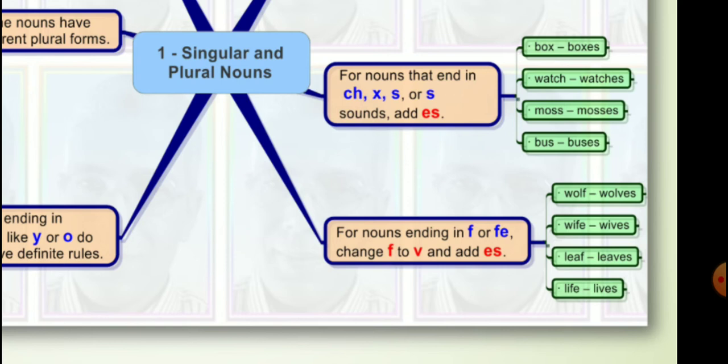So we add ves, wives. Leaf. It ends with the letter f. To make it plural, we add ves as a suffix. Life becomes lives. So in short we can say if a noun ends with f or fe, we add ves to it.